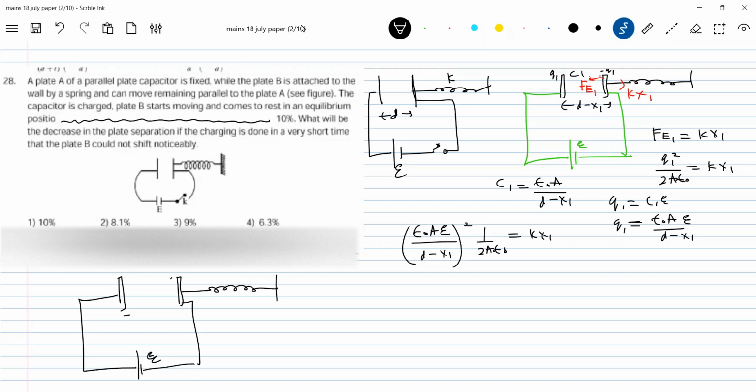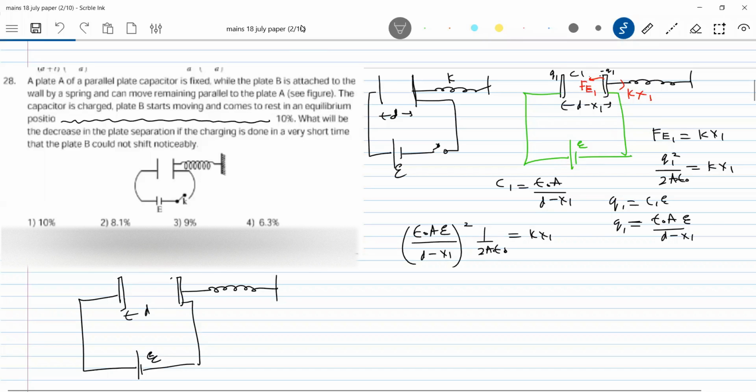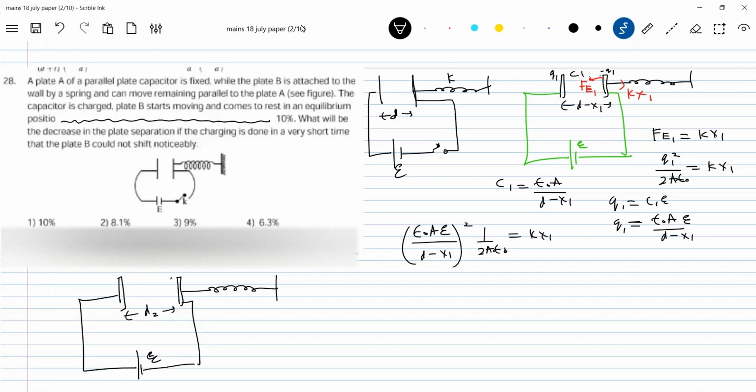So now the separation will become, let it be D2, where the spring will get elongated.